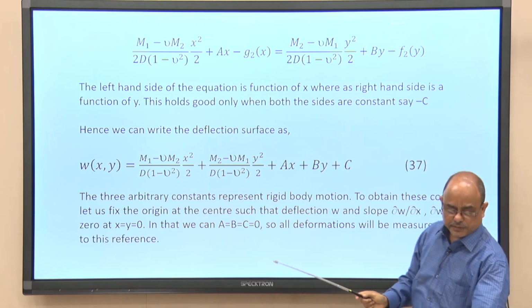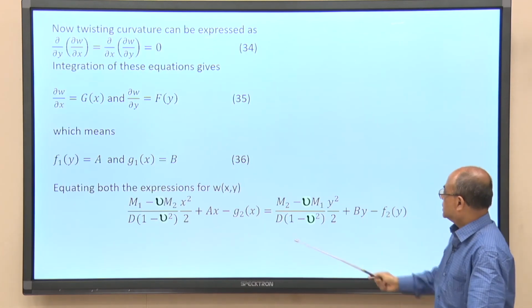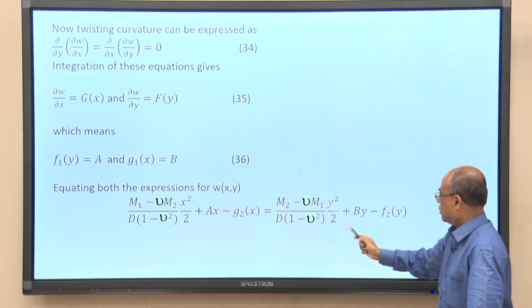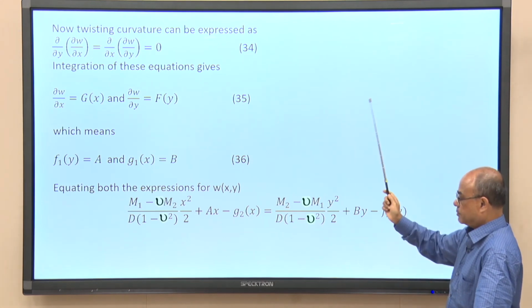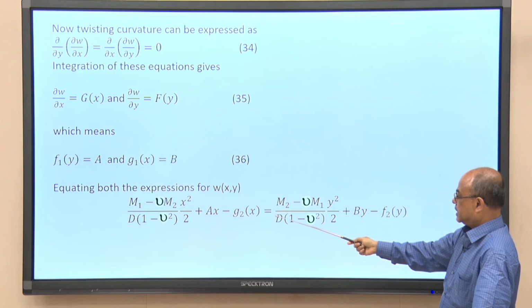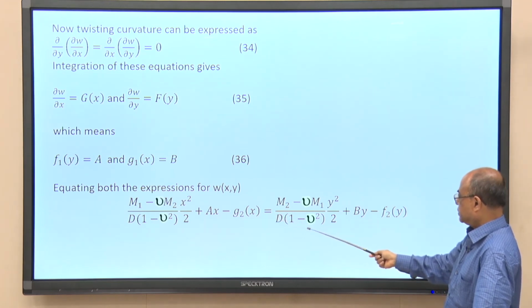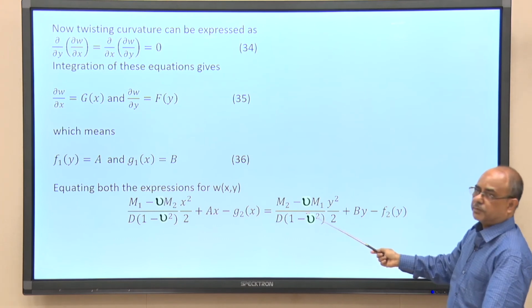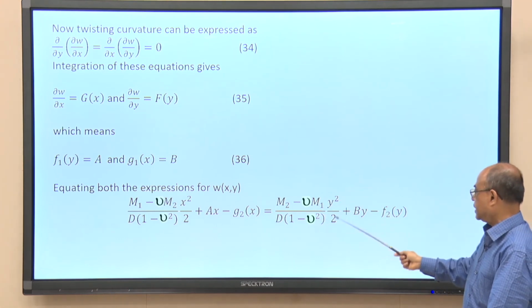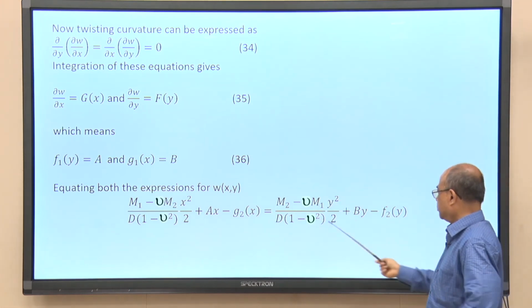So, that means in the first equation, see this is the first equation of deflection obtained from integration of curvature in x direction, and this is the second equation of deflection obtained from curvature in the y direction. So, both are constant.